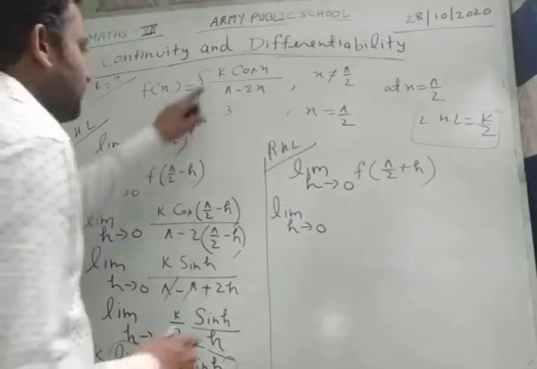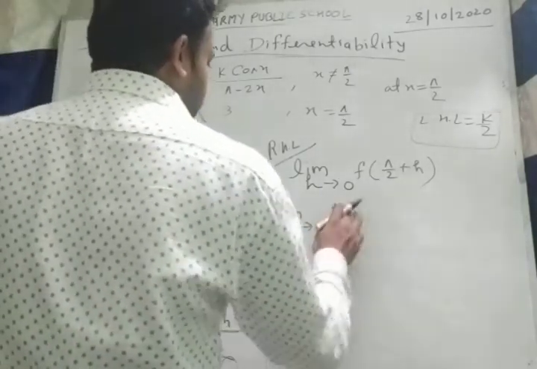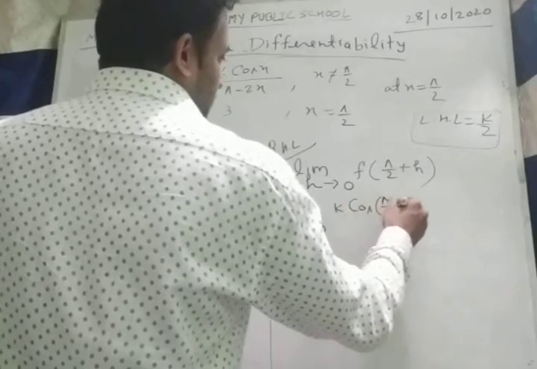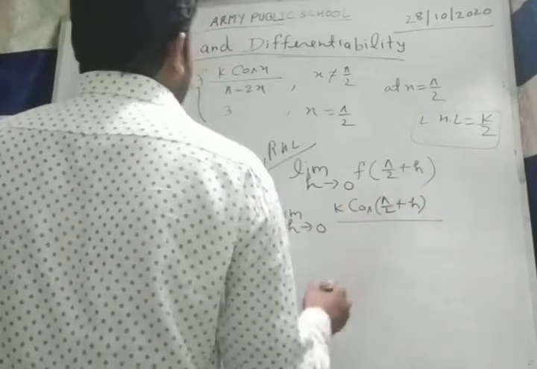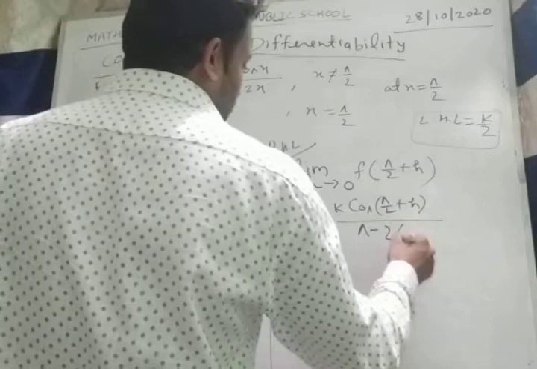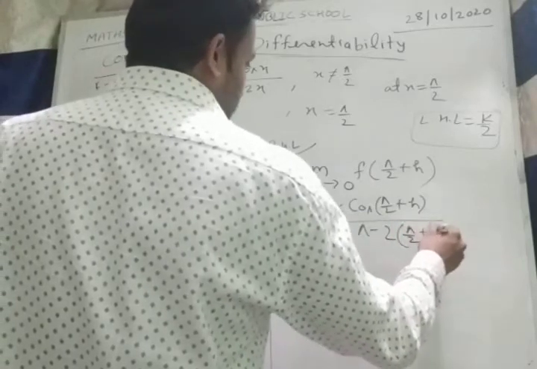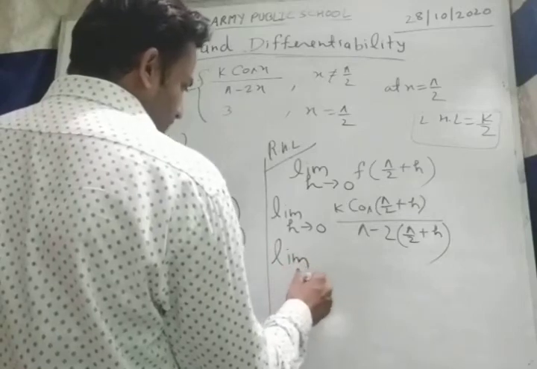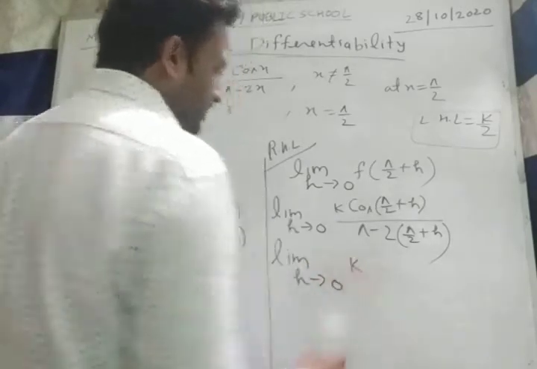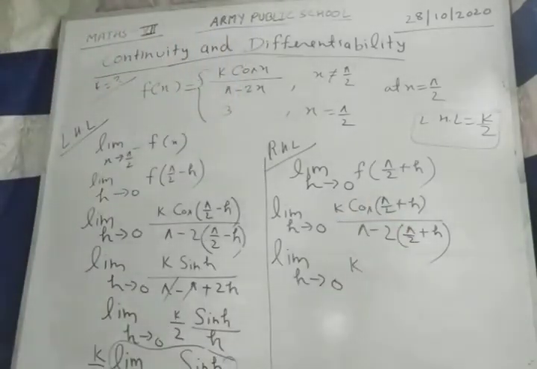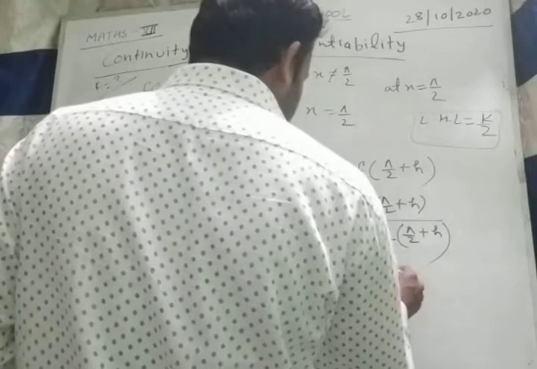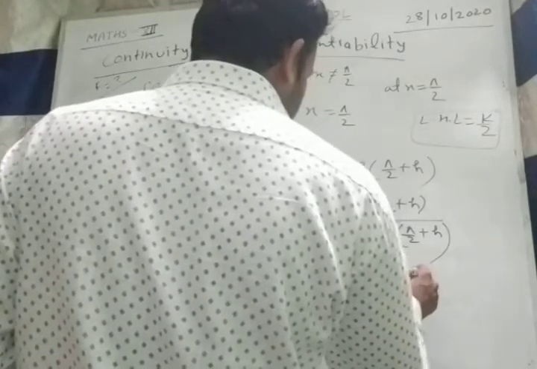Our function will be what? k cos of (pi by 2 plus h) divided by (pi minus 2 times (pi by 2 plus h)). So limit h tends to 0, k cos of (90 plus theta) is minus sin theta. So we write minus sin h.